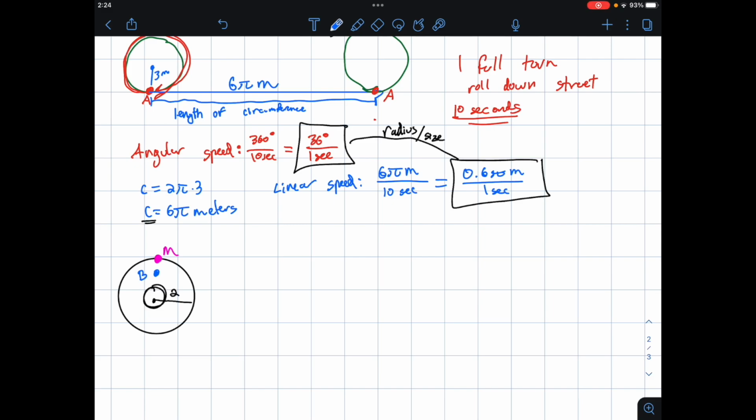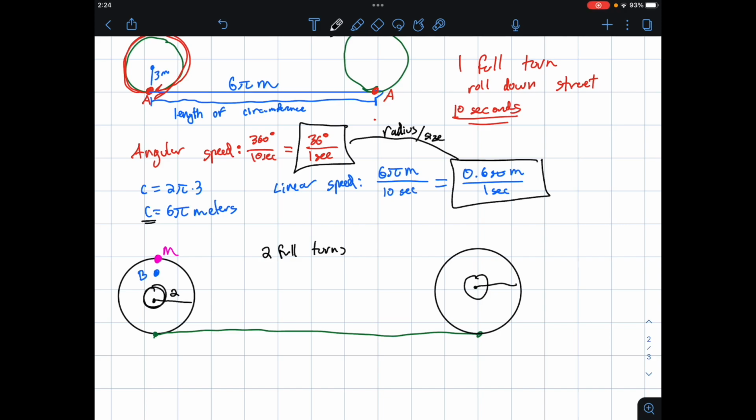And let's say our wheel is rolling down the road, and we go some distance. Say our wheel rolls, and we do 2 full turns of our wheel, and we end up back in our same position. So our wheel looks a little something like this, still with a radius of 2.